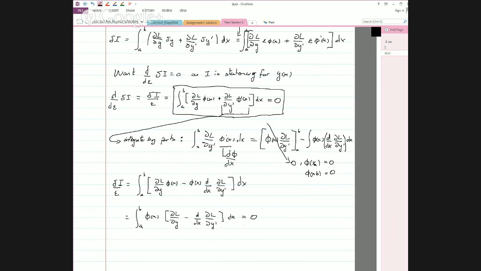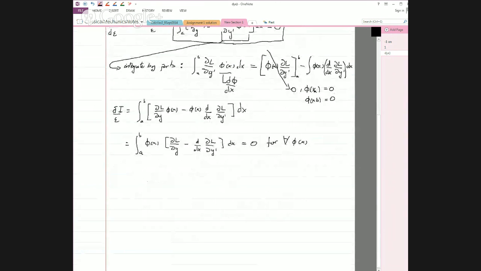So this must be true for all phi of x, which means the term in square brackets must be identically 0.